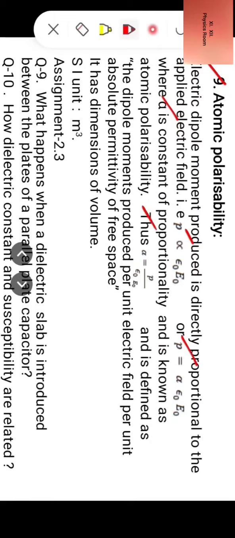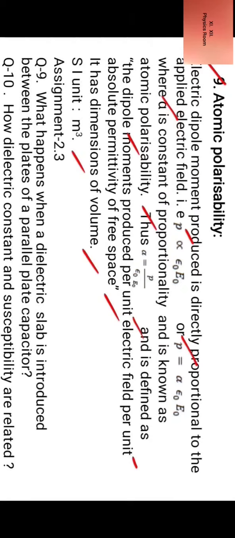Thus, alpha is equal to P divided by epsilon 0 E0 and is defined as the dipole moment produced per unit electric field per unit absolute permittivity of free space. I repeat, the dipole moment produced per unit electric field per unit absolute permittivity of free space is defined as atomic polarizability. It has dimensions of volume. Therefore, the SI unit is meter cube.